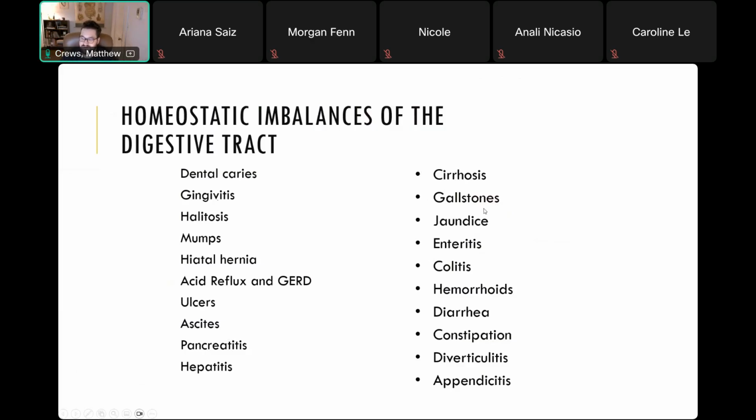Gallstones we talked about. Jaundice is the liver not breaking down bilirubin, and it turns your skin yellow, which is bad. Sometimes, if you're an adult, it's bad. If you're a little tiny baby, it's normal. Enteritis is inflammation of the enteric region, so like your stomach, basically. Colitis, inflammation of your colon.